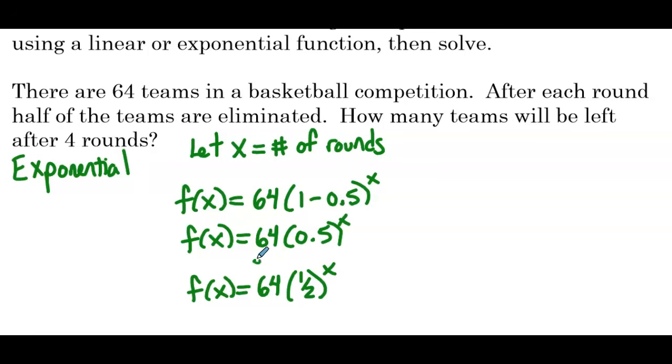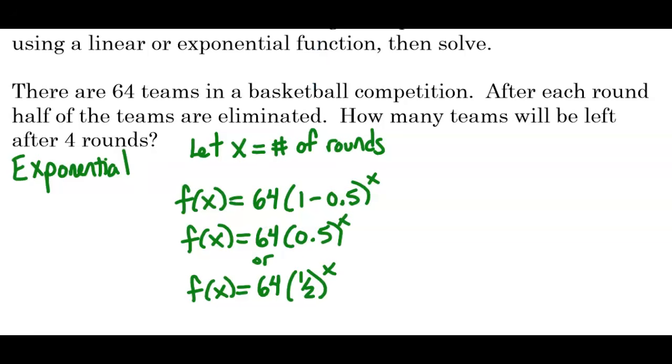Both of these are equivalent. Now some of you might have read the word problem and immediately thought to yourself, 64 times 1/2 to the x power. So you could figure out the base just from reading the word problem. That's fine. You don't have to use the 1 plus or 1 minus r approach here if you recognize what the base of the exponential function should be.